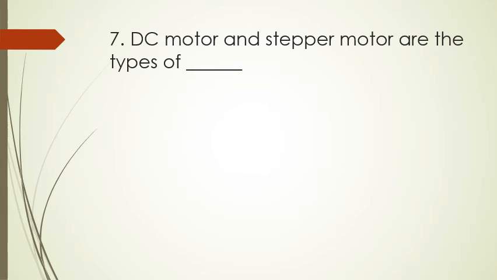DC motor and stepper motor are the types of dash: sensors, actuators, transducers, or vehicles. These are types of actuators because they convert energy into motion. Whatever energy you supply as input gets converted into its equivalent motion.